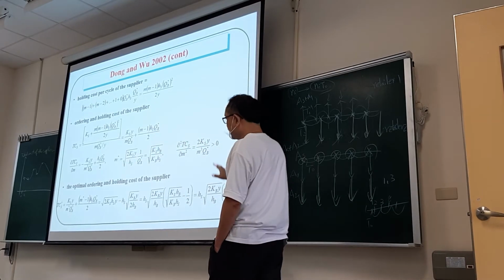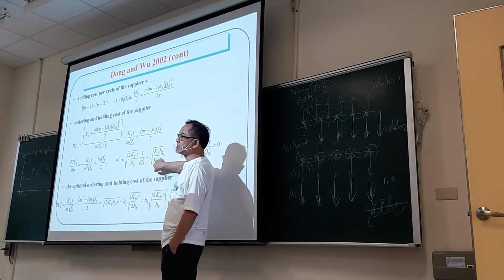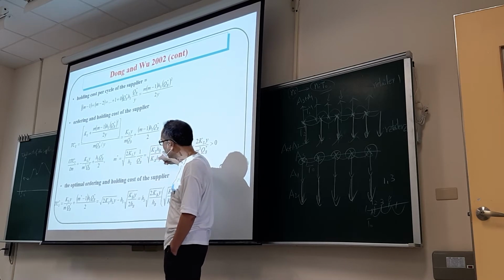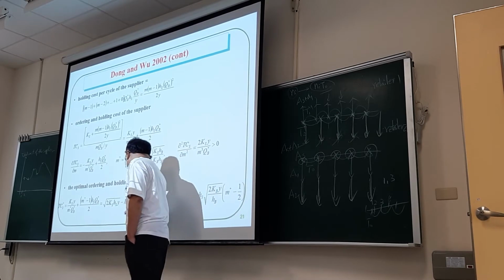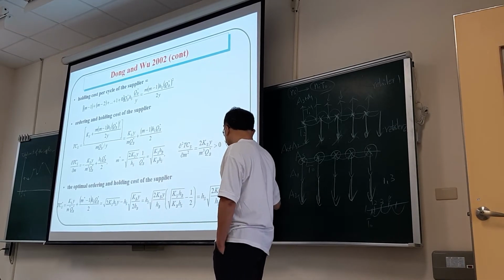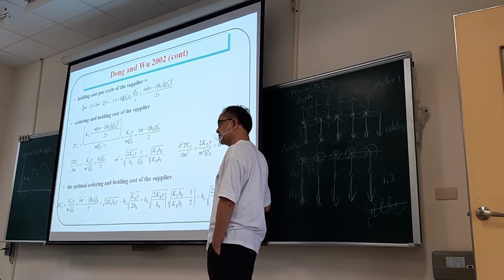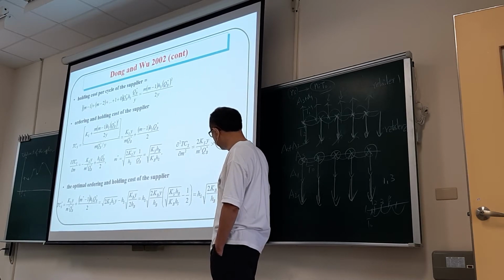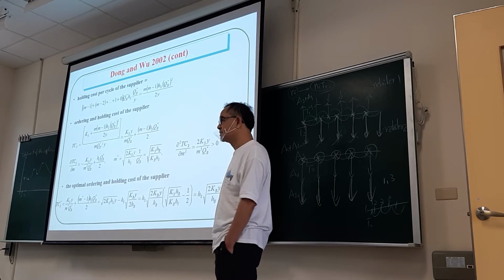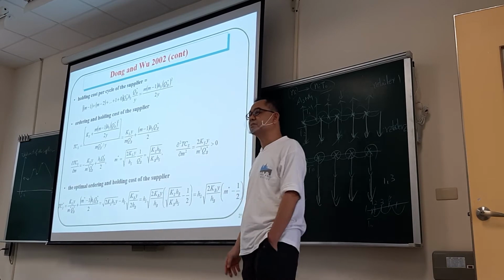We have to determine this number as an integer. But in the paper, just plug the M star into it. So we can get a very nice total cost of the supplier in this format. Just try to get the benefit of the expression. Then plugging in the M star will be enough.